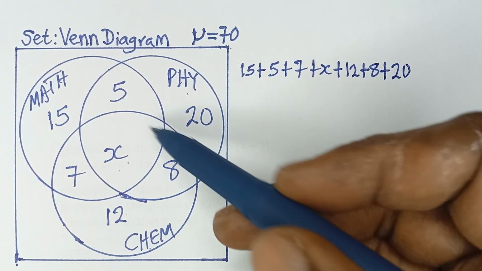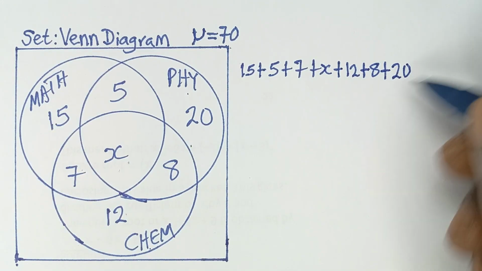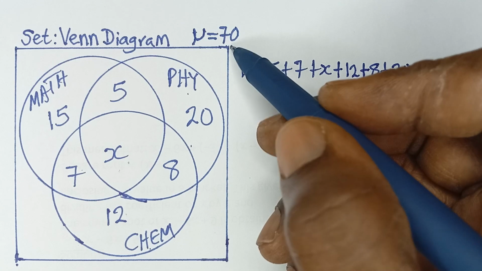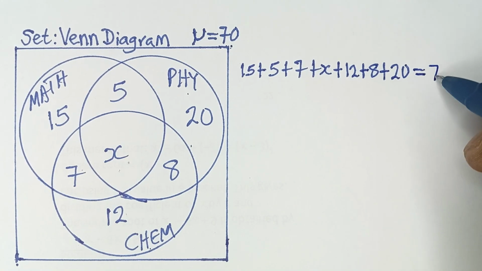All these values added together should be equal to the universal set, that is the total number of students involved, which is 70. So from there we can solve for x.